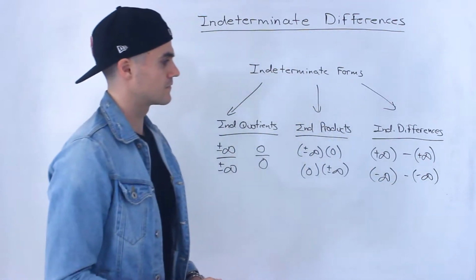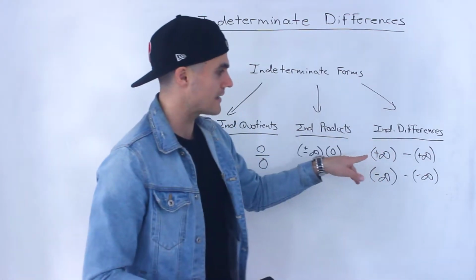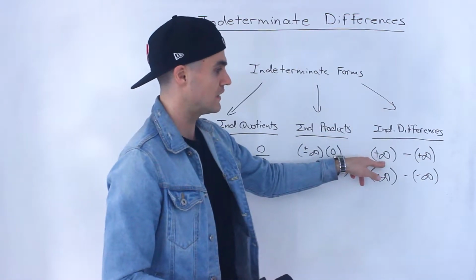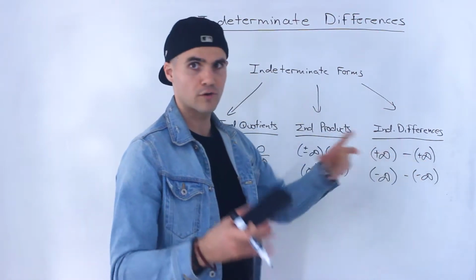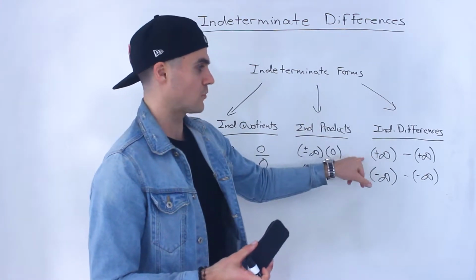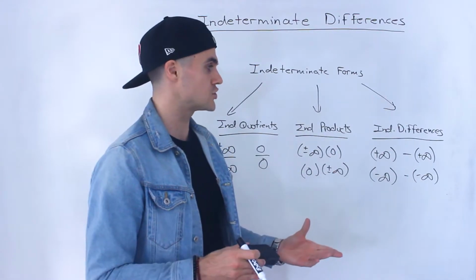Notice that if you have two functions like this, you can't tell what's happening. You don't know if this one's going to positive infinity quicker than this one, or if they're going to compromise at a certain number, right? So with one of these two formats, you can't tell what's happening, and you're going to have to apply some kind of different strategy.